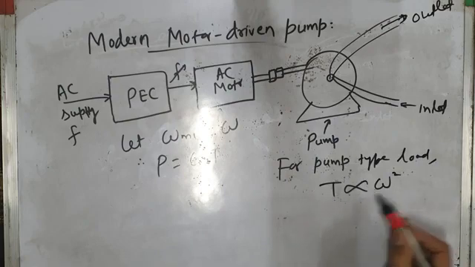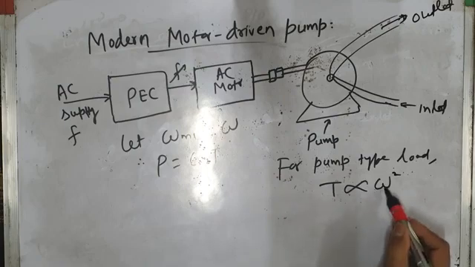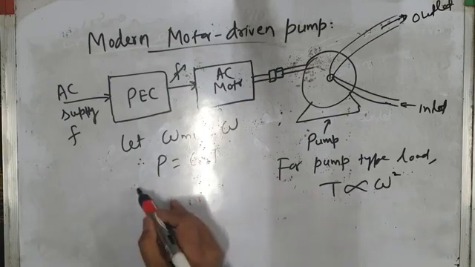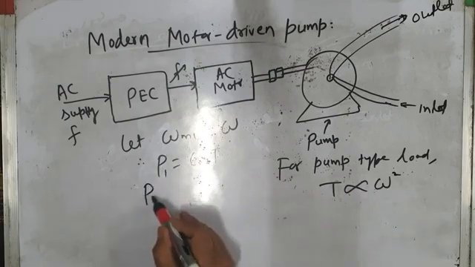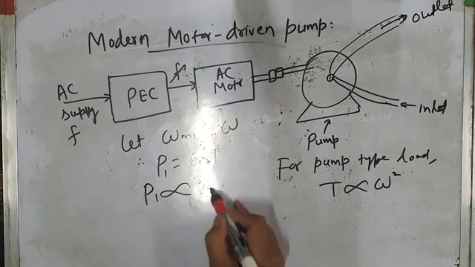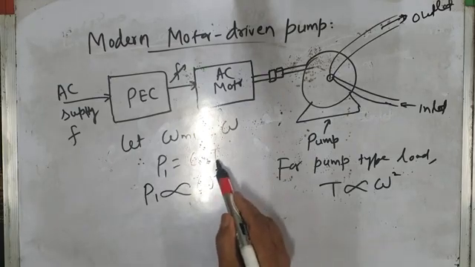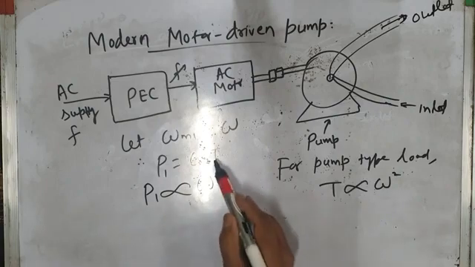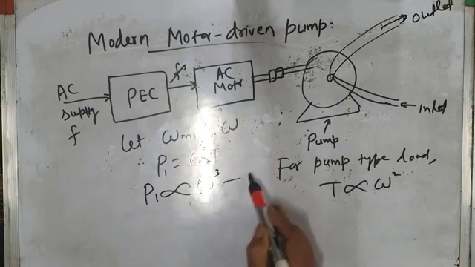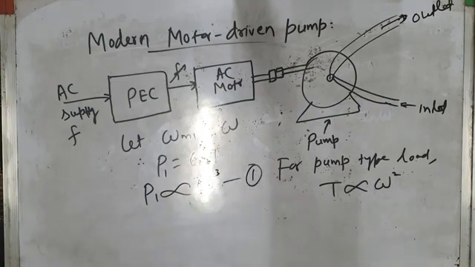Torque is not proportional to speed, it is proportional to square of the speed. If you substitute it here, let us call this power P1. So therefore P1 is proportional to omega cube, because for T you can substitute omega square. Omega square into omega is omega cube. Let's call this equation 1.